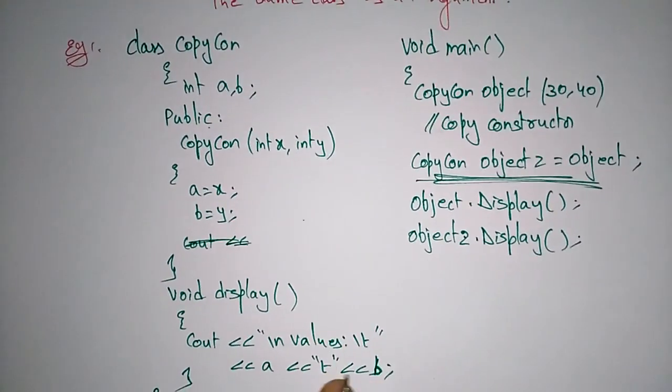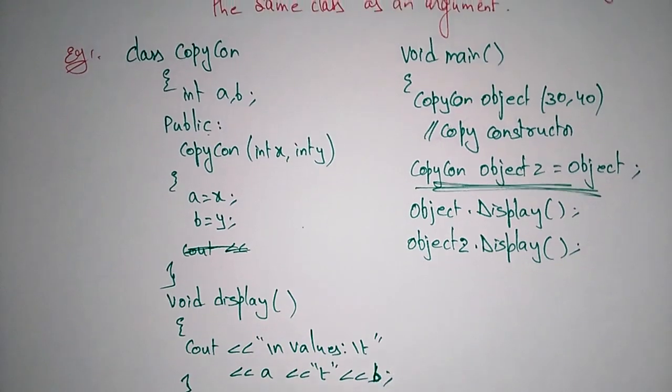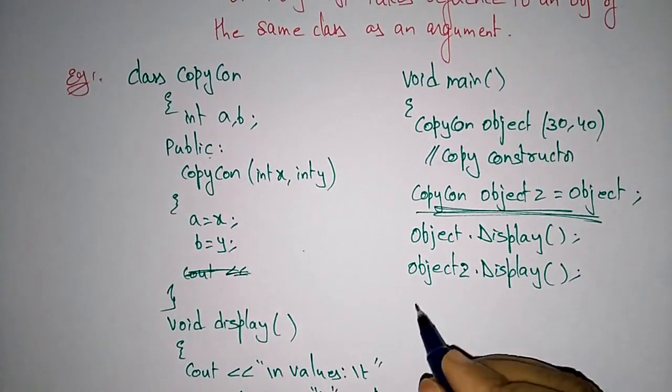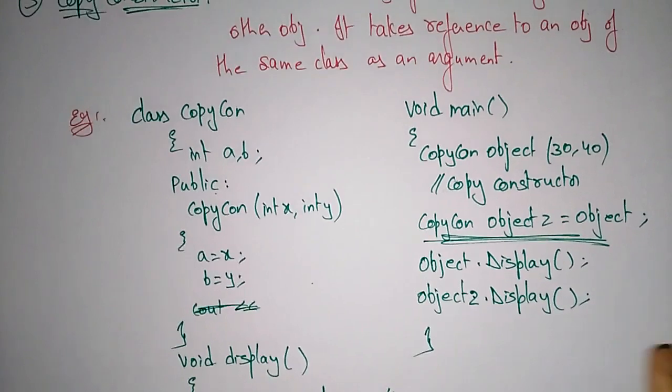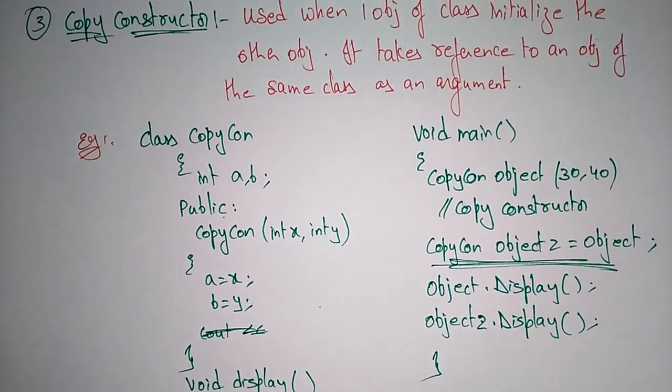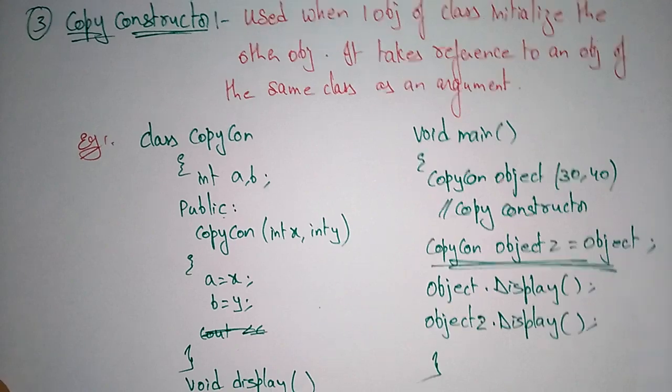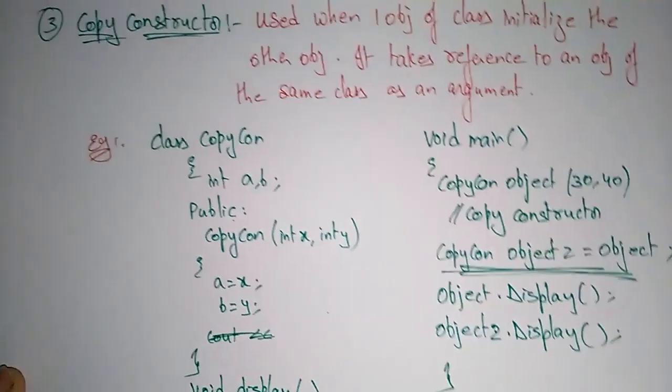It prints a value 30 and b value 40. Okay, so this is about the copy constructor. So these are the three different types of constructors: you can go for the default constructor, the parameterized constructor, or the copy constructor. Thank you.